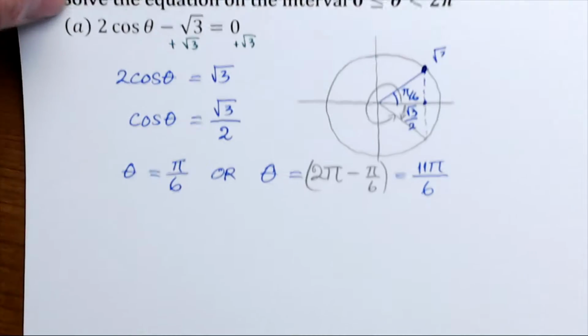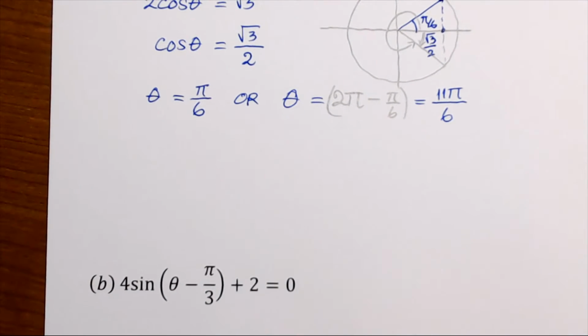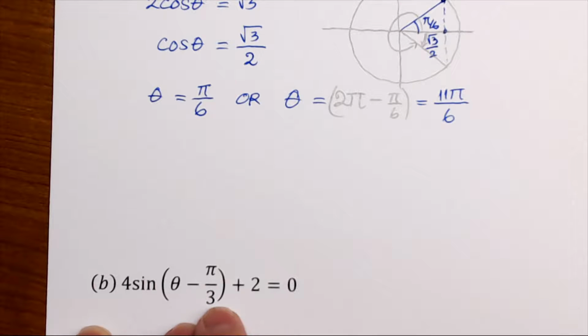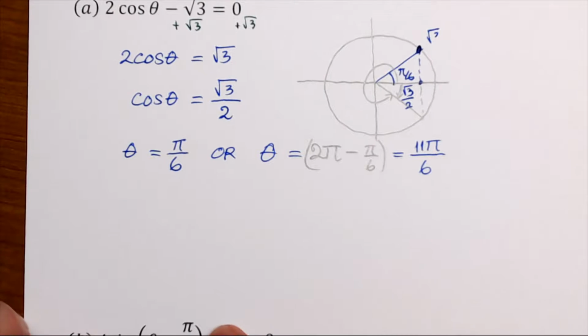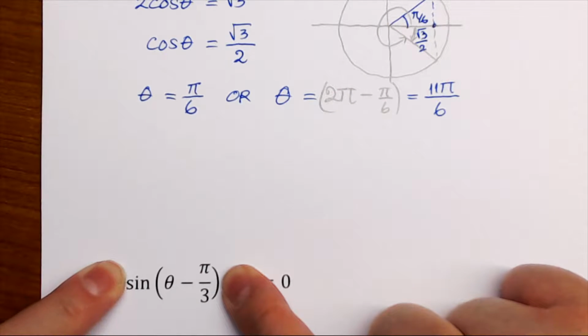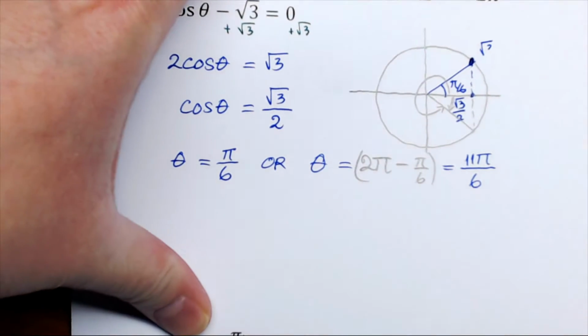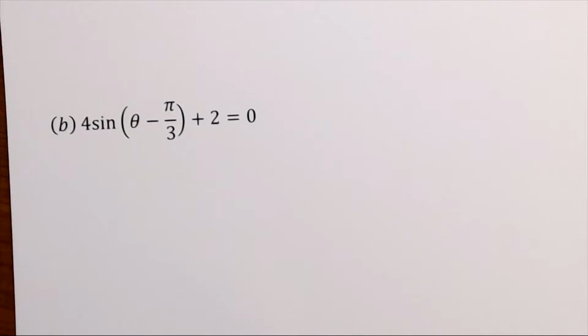So that's the first one. The second one is where we have 4 sine of theta minus pi over 3, plus 2 equal to 0. So first we will get the sine function by itself, and then we find the angle.